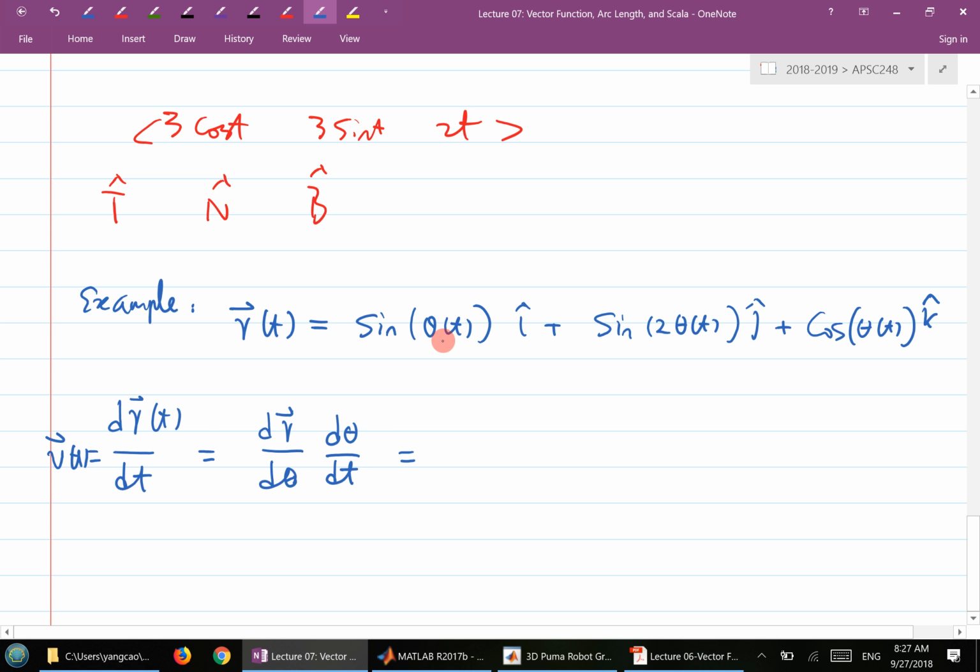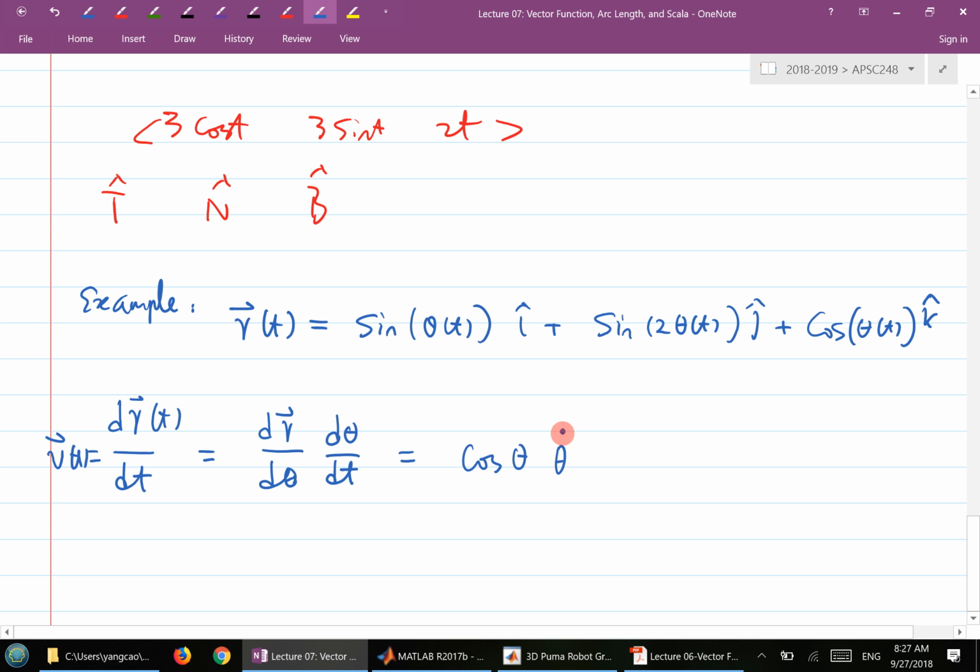So let's calculate dr over d theta, which is the first derivative here. It gives us cosine theta, and then times d theta over dt. I'll just use theta dot, that's Newton's notation.